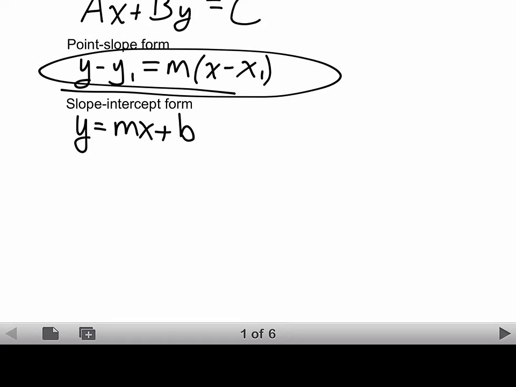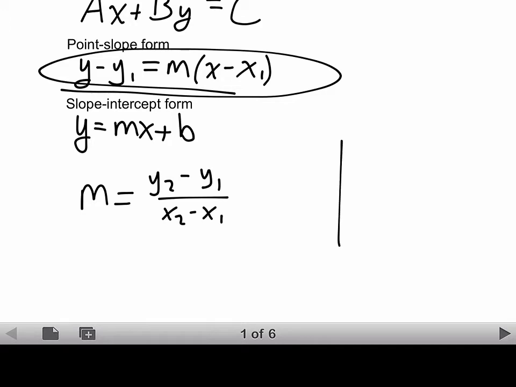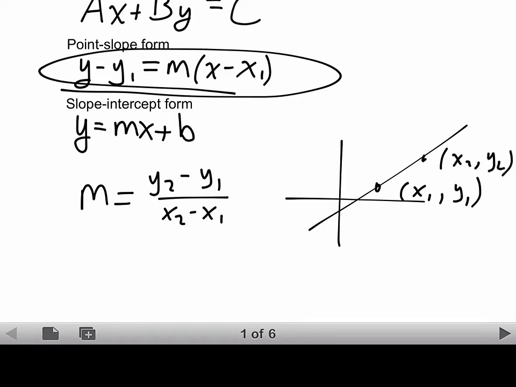If we consider the slope formula, which is m equals y2 minus y1 over x2 minus x1. Remember, this gives the slope between 2 points on a line, and if one of these has coordinates x1, y1, and the other has coordinates x2, y2, then this slope formula makes perfect sense.